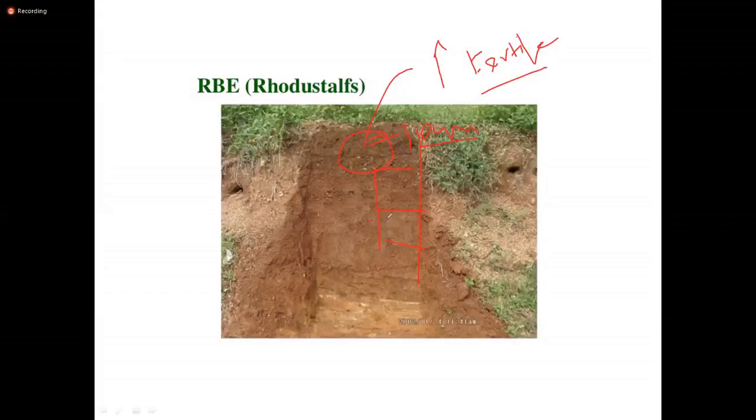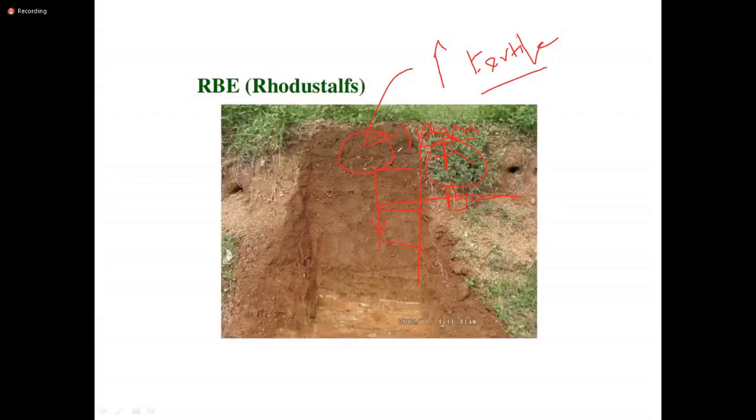When we go deeper, fertility will decrease. Understand? The A horizon has high soil fertility, that is the topsoil. When we go to the B horizon, we see subsoil, which is less fertile than the A horizon.